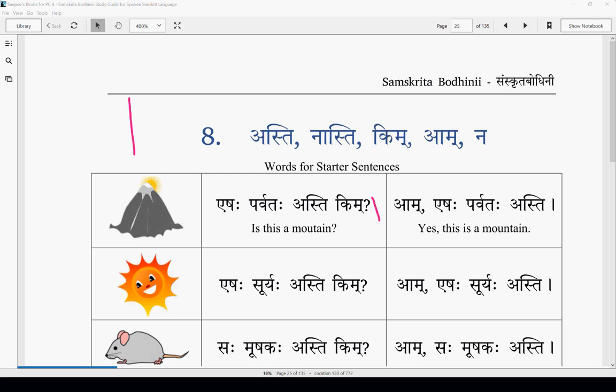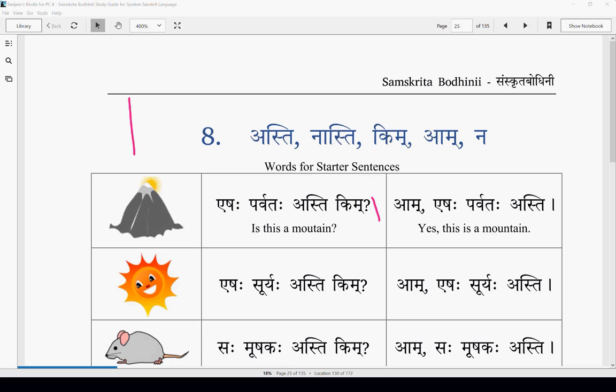Here it is totally different word. That Kim was neuter gender, Napumsakalinga Padam, and here it has no gender. It just is a question mark.